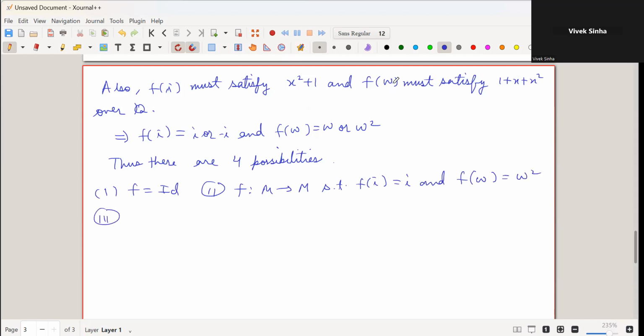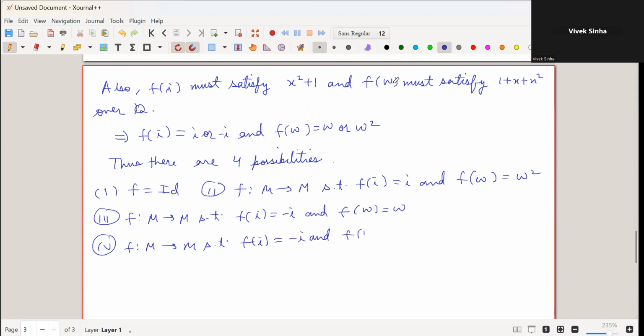Third is f from M to M such that f of iota is minus iota and f of omega is omega. Fourth one is f from M to M such that f of iota is minus iota and f of omega is omega square.